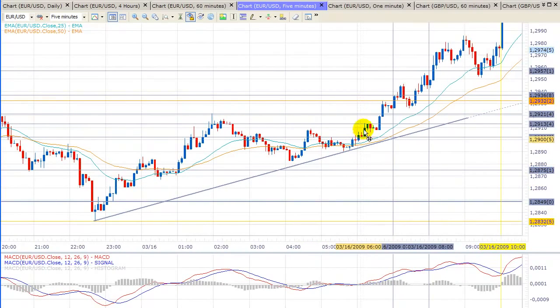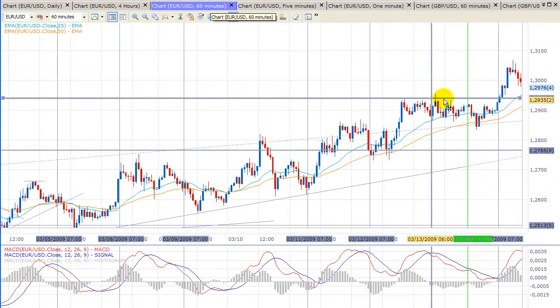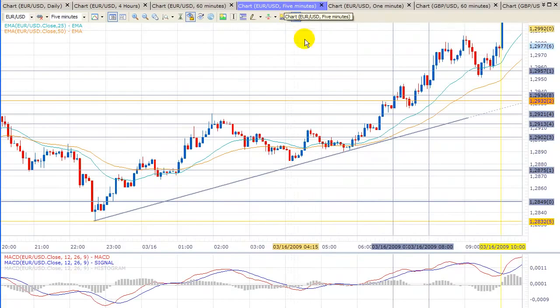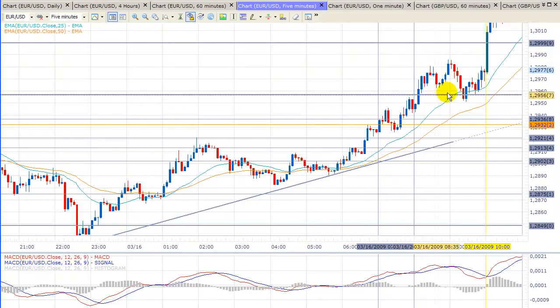And the 2950, let's go to the 60-minute charts, is the area we have seen before as a magnet area for resistance. We have seen 1, 2, 3, 4, almost 5 times in a row how the resistance worked properly. But it didn't happen today, and the price went all the way up.